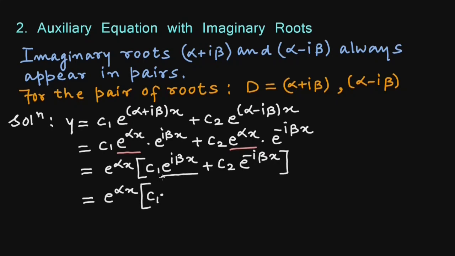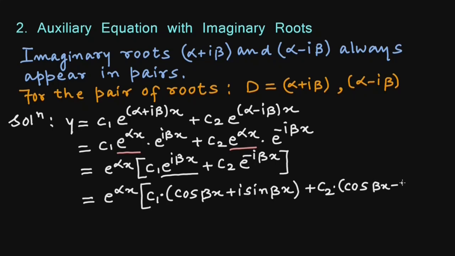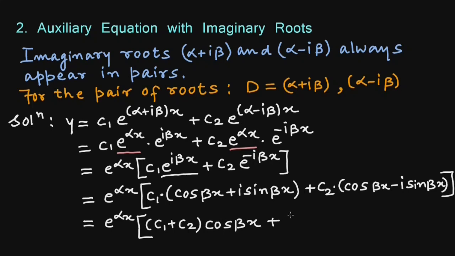Writing this exponential form in polar form, cos beta x plus i sin beta x plus c2 into cos beta x minus i sin beta x. Rearranging the terms, e raised to alpha x into c1 plus c2 cos beta x plus i times c1 minus c2 sin beta x.